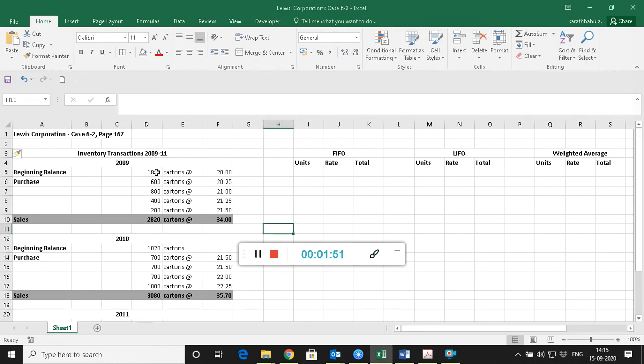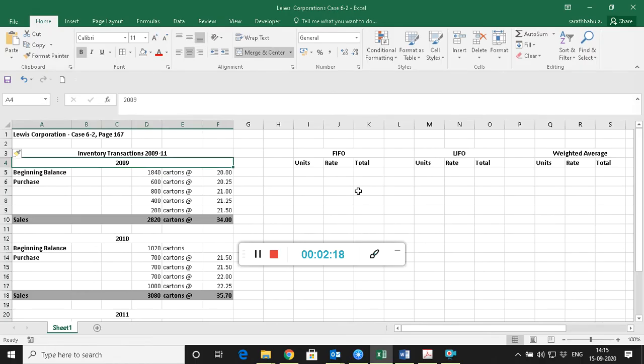The case is all about calculating inventory valuation for 3 years as per 3 different methods. The first is FIFO method, the second is LIFO method, the third is weighted average method. I'm going to solve all 3 methods for year 2009, and the remaining 2 years you are all going to solve and then summarize.